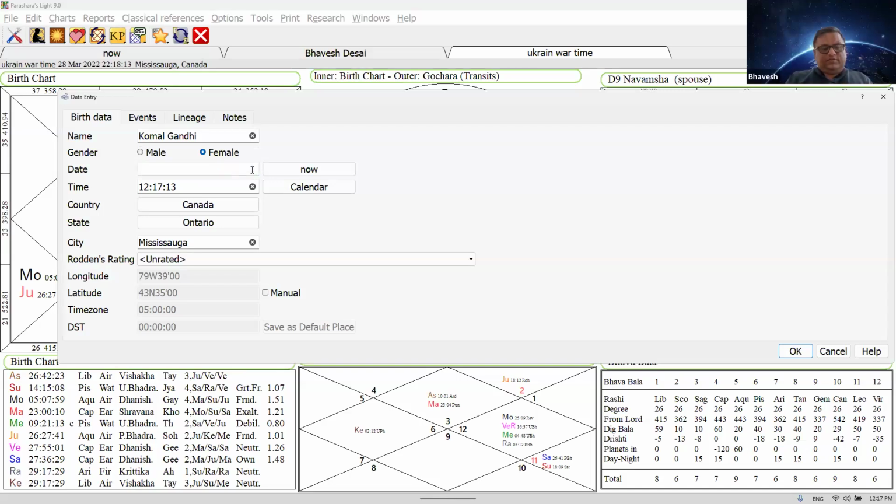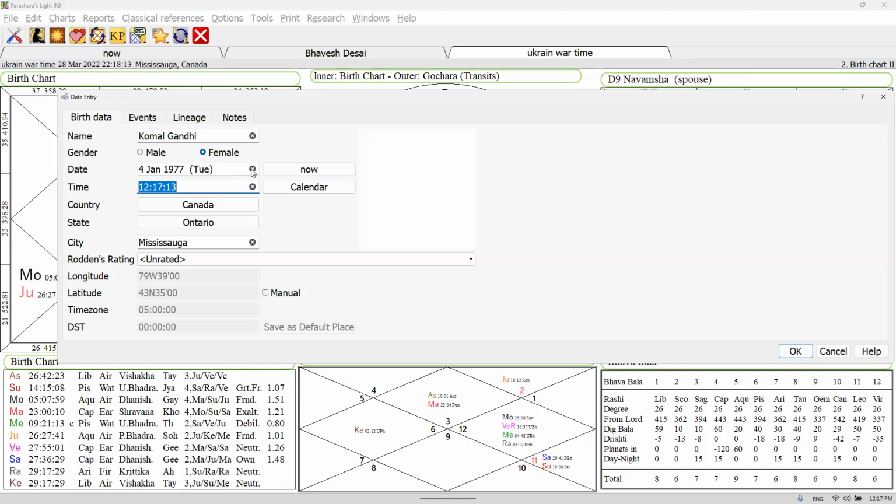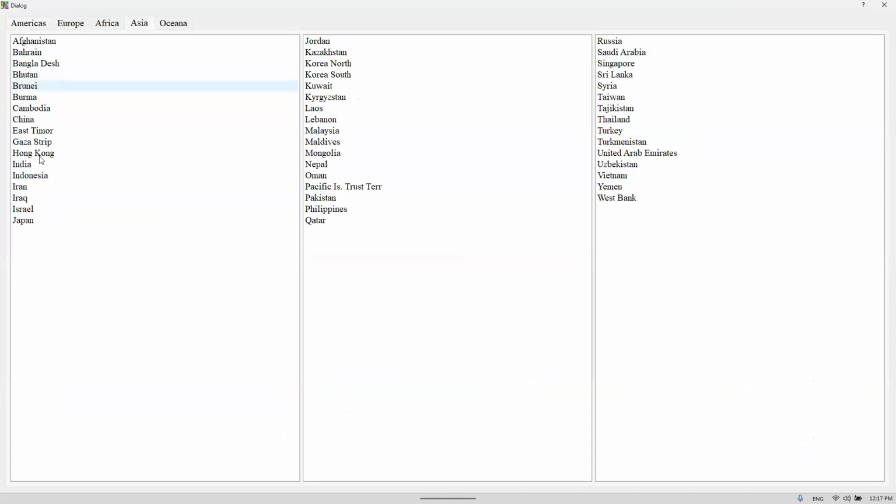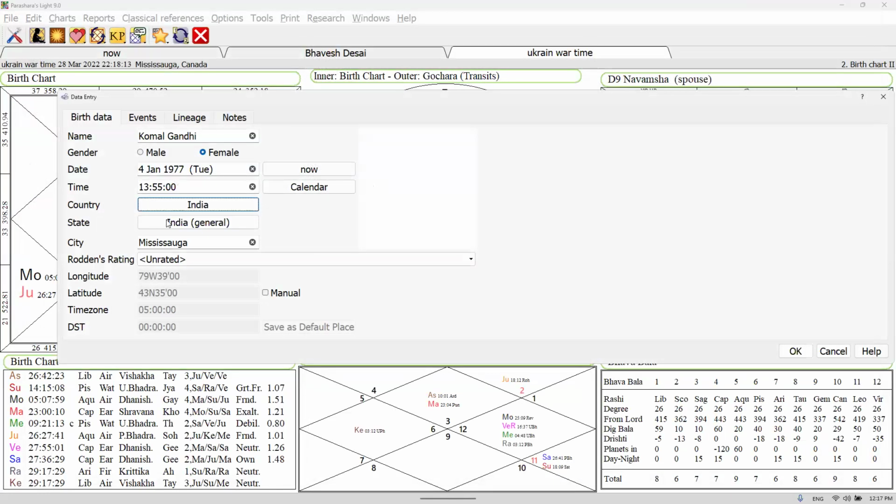The date is 4th January 77, and my time is 1:55 p.m. I'm born in India, Gujarat, city Surat.